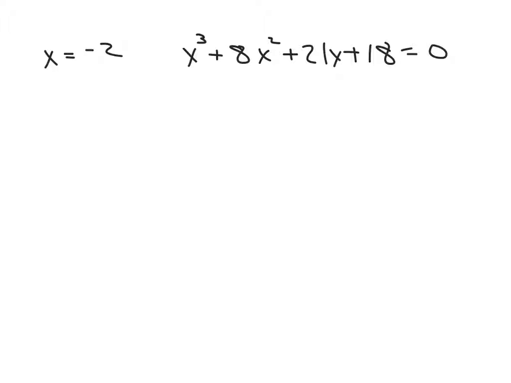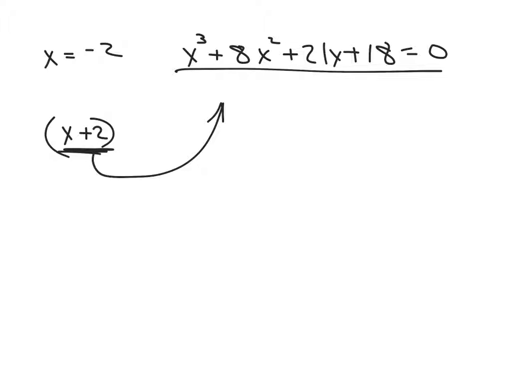So if we were dividing this by, say, x plus 2, and we did our division and ended up with no remainder, then that means that this goes evenly into that. It means it's a factor of that.